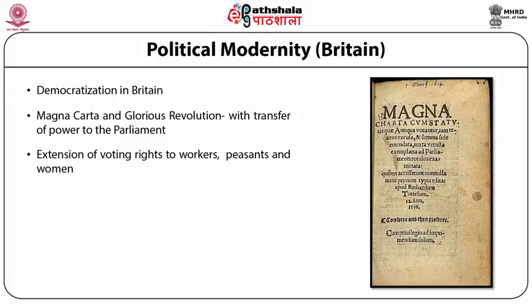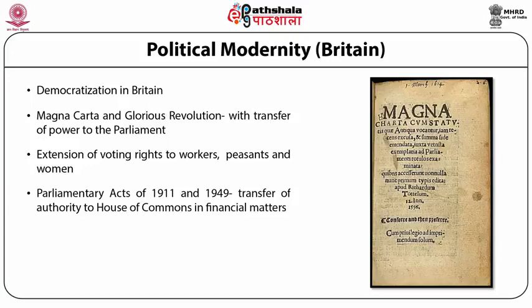The two parliamentary acts that have been very significant in democratizing or modernizing the British political system are the Parliamentary Acts of 1911 and 1949. These two acts are mainly known for transferring the authority to the House of Commons in financial matters.